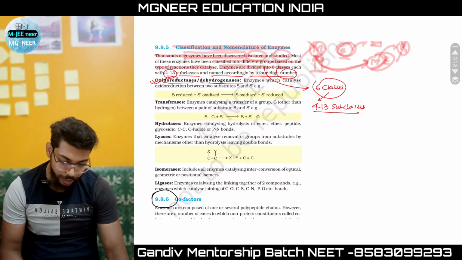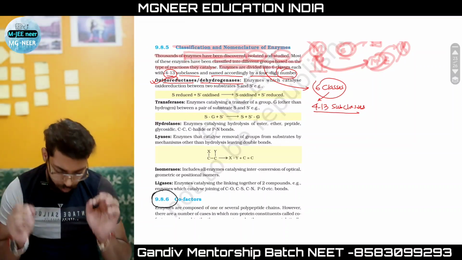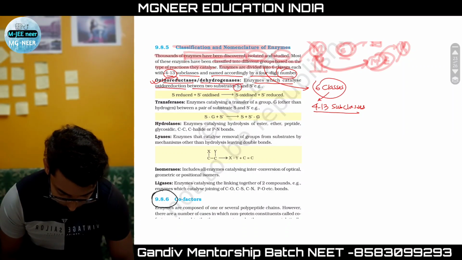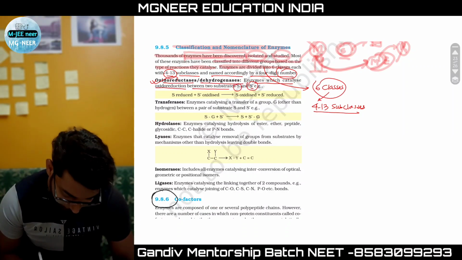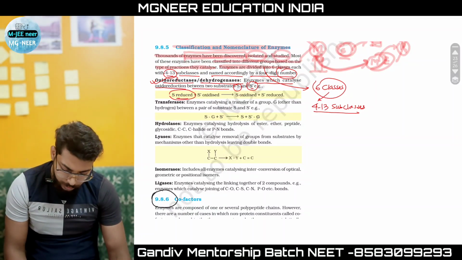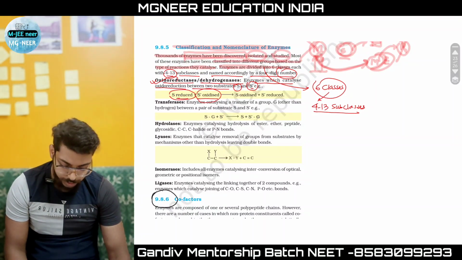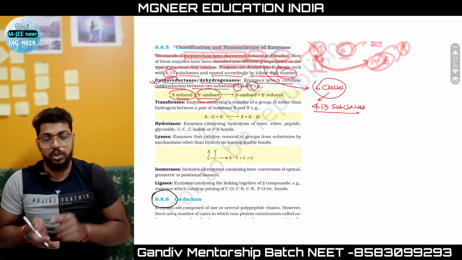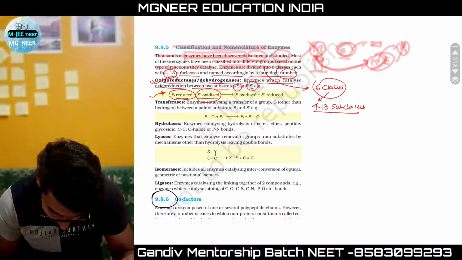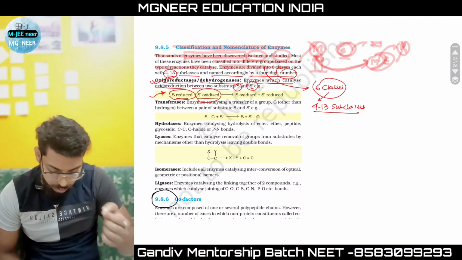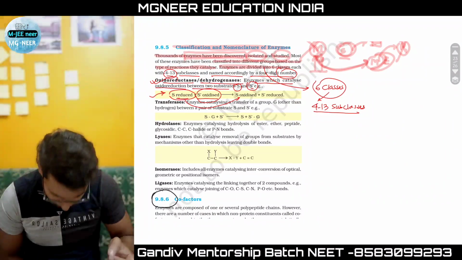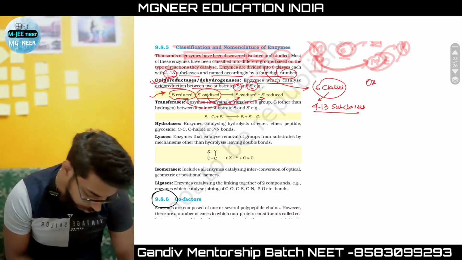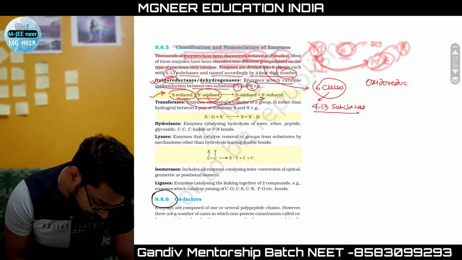Oxidoreductase or dehydrogenase. First of all, these are enzymes which catalyze oxidoreduction between two substrates S and S dash. This is saying that S is reduced and S dash is oxidized. If you apply the oxidoreductase enzyme, the reactant which was reduced will be oxidized, and the reactant which was oxidized will be reduced, so the name is oxidoreductase.